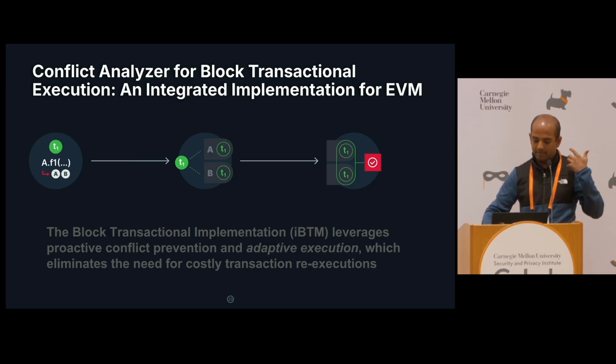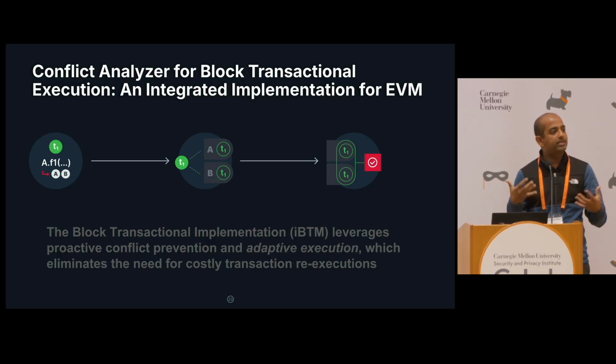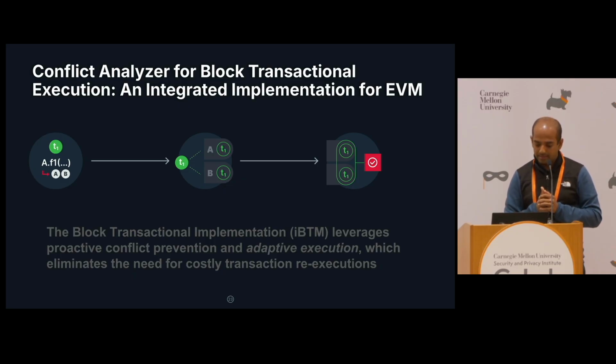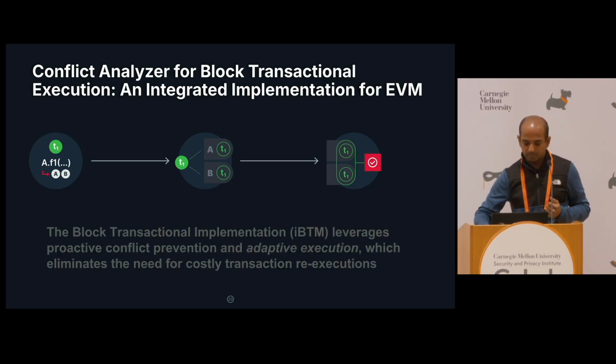We built this block transactional executor, which is somewhere between the read-write aware model and the read-write oblivious model, which algorithmically derives the dependencies of transactions in a block using static analyzer techniques, and thus tries to eliminate the need for costly re-executions and still get the best possible performance.